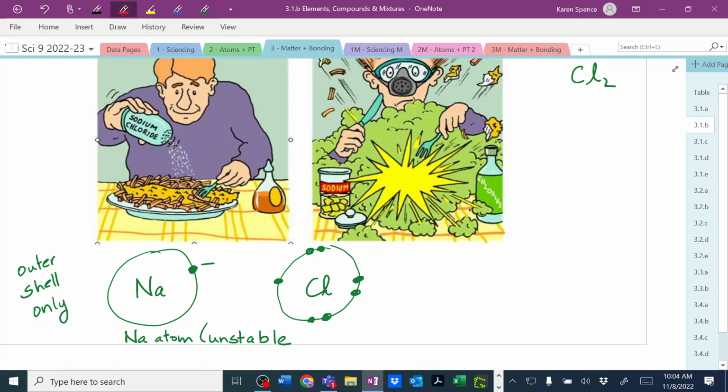So we have one little hole here, yes? And this is our chlorine atom. It is also unstable.